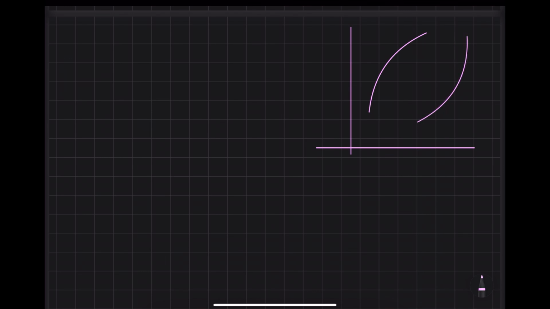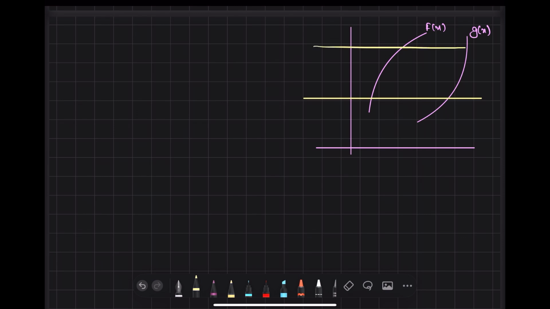Suppose this. Now this is your f of x, this is your g of x, and you wish to calculate the area around this part. Area between the curves means you are focused on this part. Now for these cases how will you respond? Try to understand.